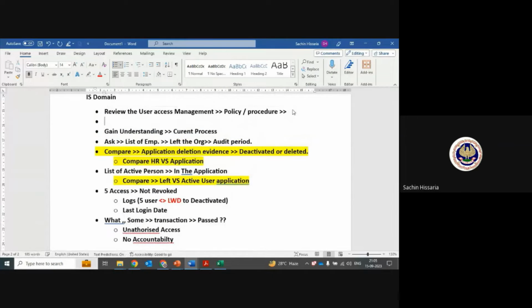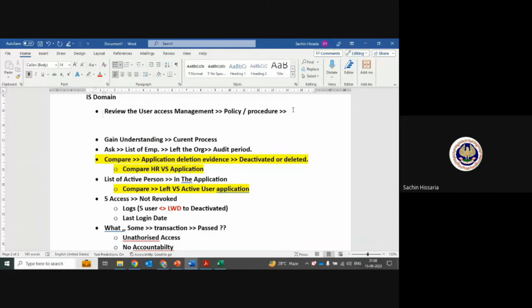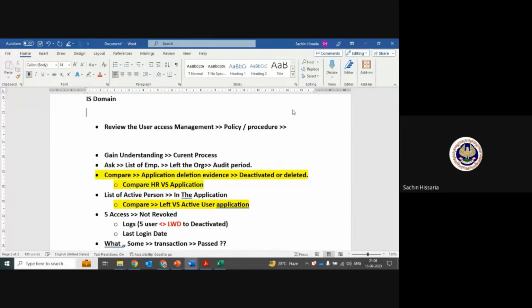When you are verifying the policy and procedure document, as an auditor we are verifying the test of design. Here we are checking the design level control, whether the organization has appropriate controls in place. This is the verification of design.